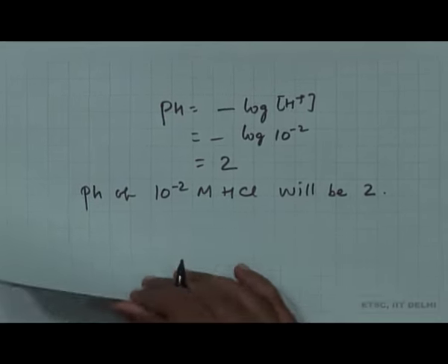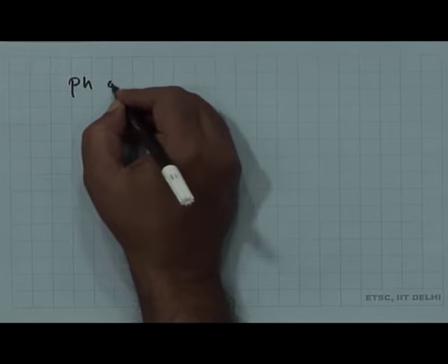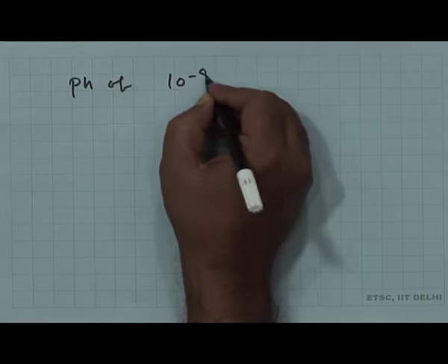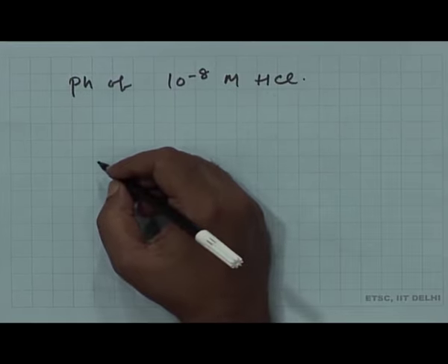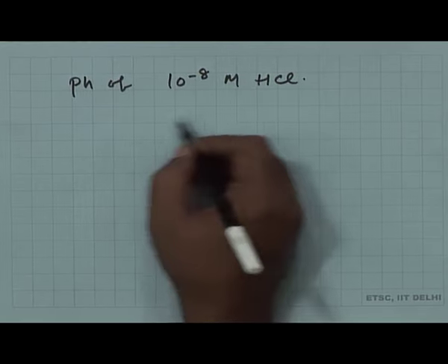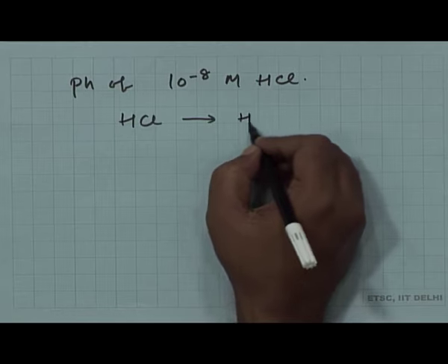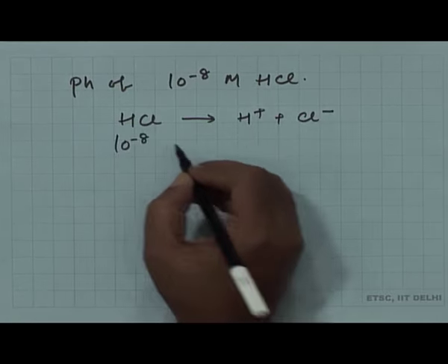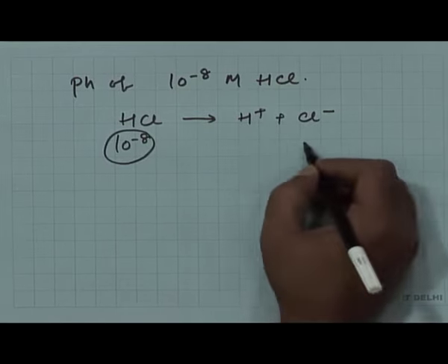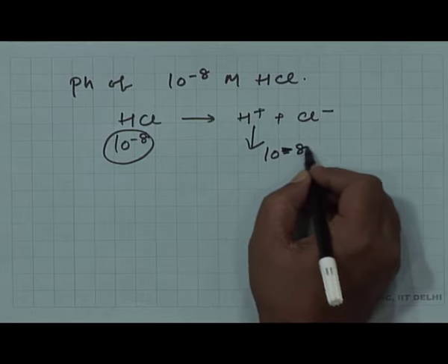But now, let us take another example, the pH of 10 to the power minus 8 molar HCl. In this case, what will happen? Again HCl will completely dissociate, and so if you have started with 10 to the power minus 8 molar, you will get 10 to the power minus 8 molar H plus.